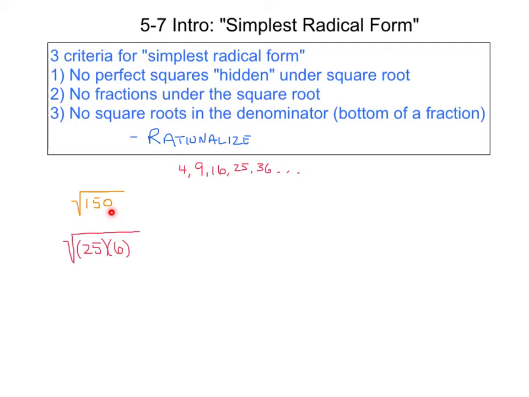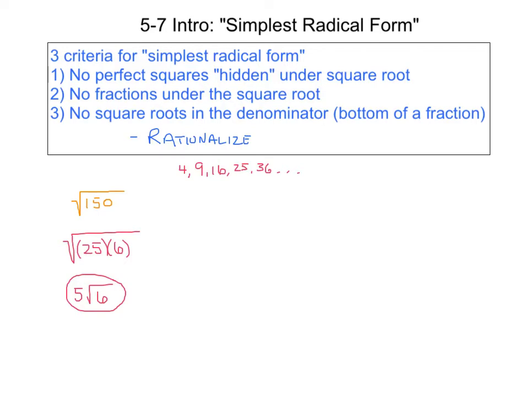It's 5. And so we can take this 25 out of the square root because we know what that square root is. It is 5. But that 6 was trapped underneath, and so it is stuck. And now again, you look at the 6, and you look to see, can you divide by 4, 9, 16, and you cannot. So 5 square root of 6 is in simplest radical form.